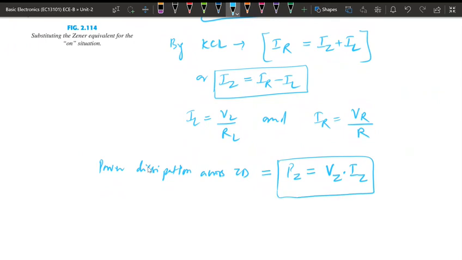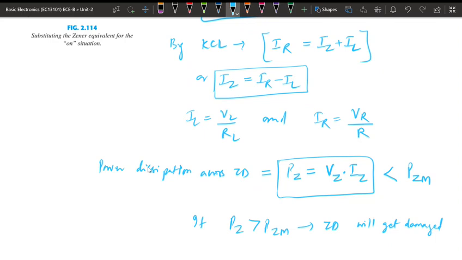And this Pz should be less than Pz maximum, which is defined for a fabricated Zener diode. Whatever Pz maximum is given, Pz should always be less than that. If Pz is greater than Pz maximum, the Zener diode will get damaged.